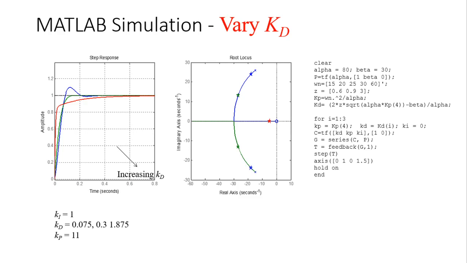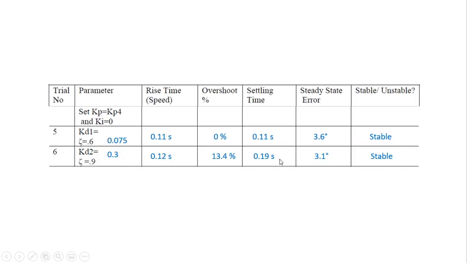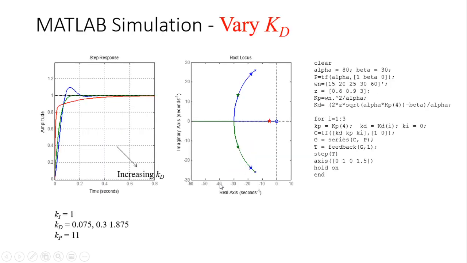So increasing the Kd, the first one is blue, the second one is green, the third value is red. As you increase the Kd, it kills the oscillation. And settling time seems to increase. Did it happen? I only have two data points, so it's really hard to tell.